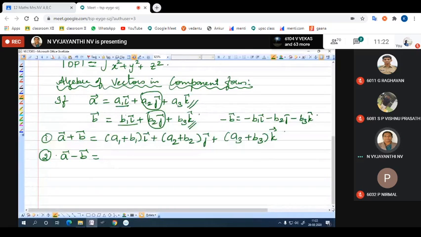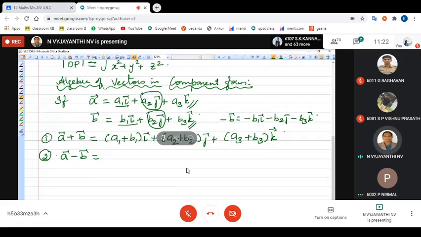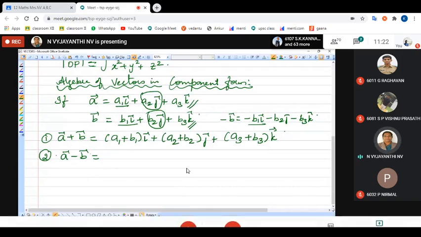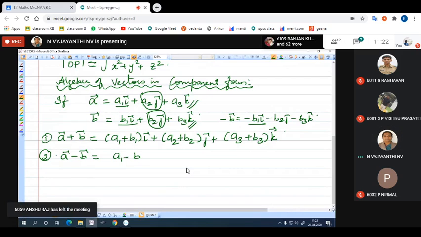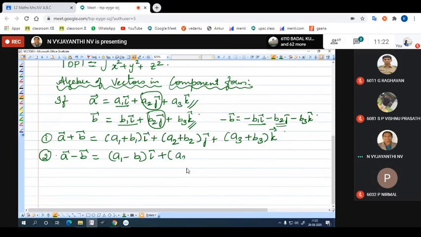We have to subtract the i components: a1 minus b1 into i vector plus a2 minus b2 into j vector plus a3 minus b3 into k vector. Okay.